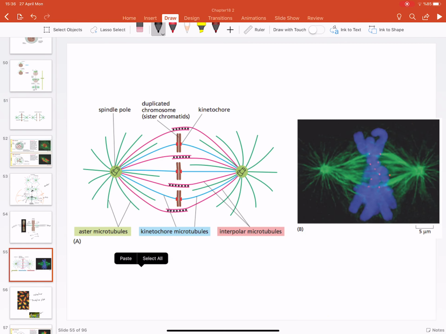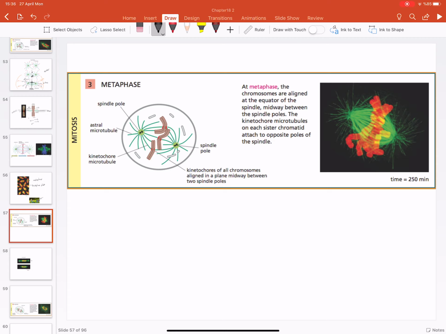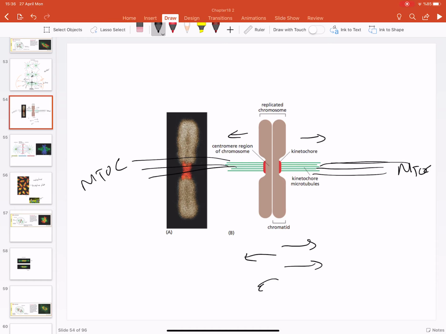Okay, here you can see the three different kinds of microtubules. Biochemically or chemically, there is no single difference between these kinds of microtubules. Just some of them attach themselves to the plasma membrane, some of them attach to other microtubules, the interpolar microtubules, and some of them to the chromosomes. Okay, next they pull, but of course this pulling is not successful because we know that there are still cohesion proteins here keeping things together.